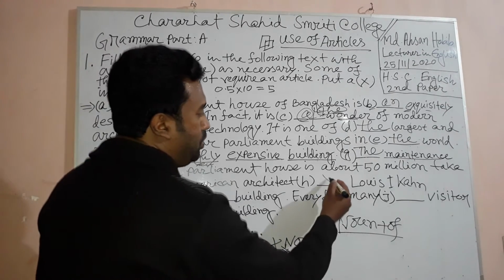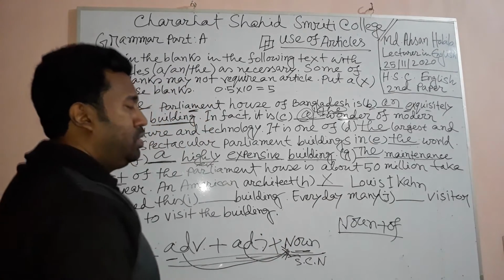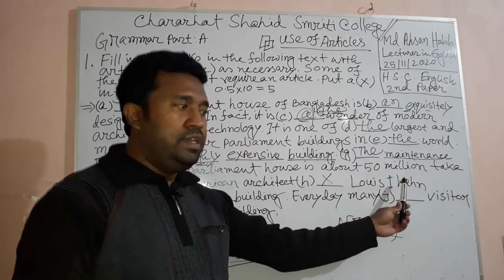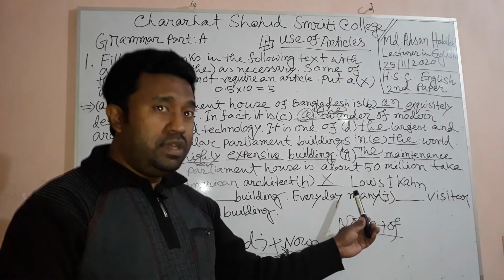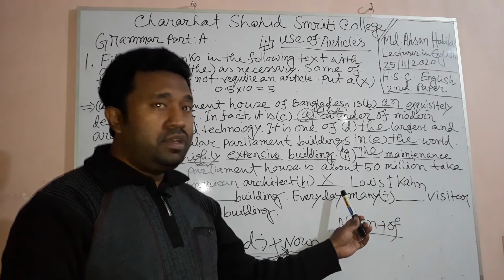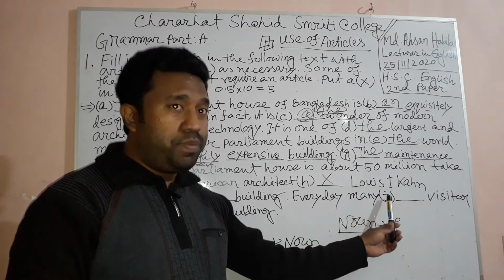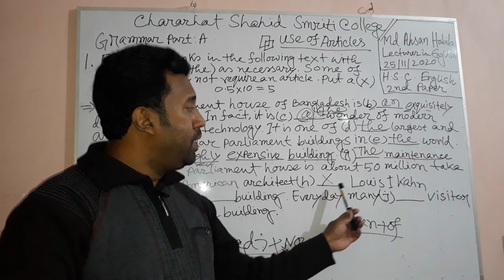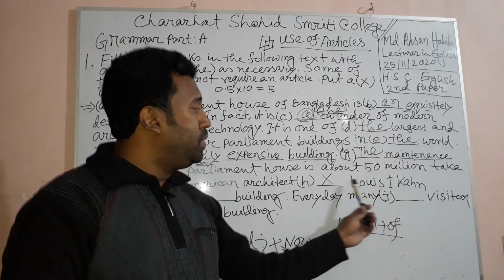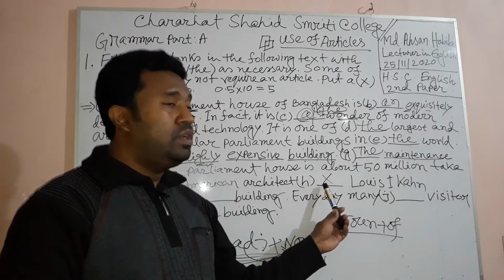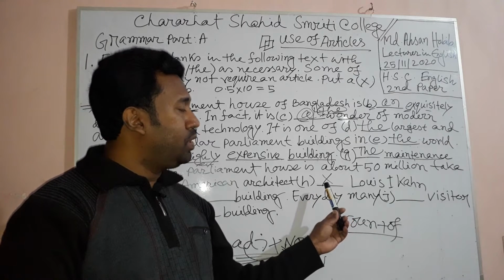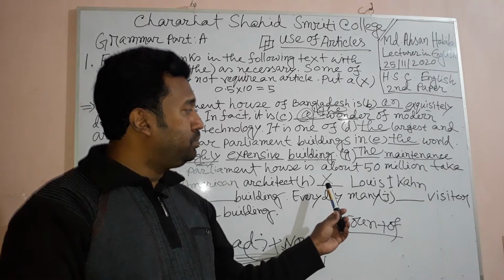Yes, we have to put a cross, because Louis I Kahn is a singular proper name, and before a name like this, we do not use any article, like our names or place names.